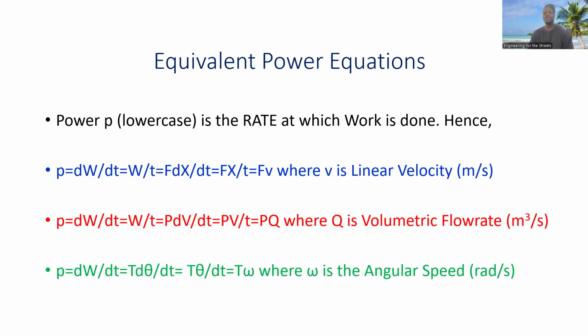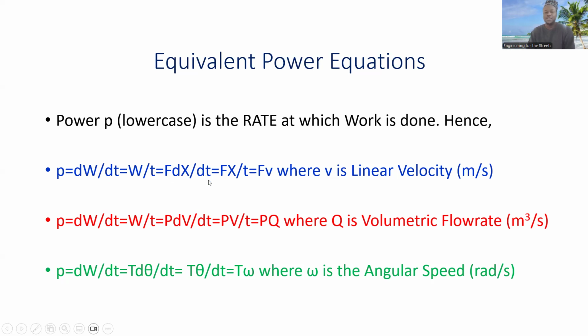So how do we get power from work? Well, we have already given the definition. That is the rate at which work is done. So power is equal to dW over dt, that is, change in work over change in time. So if you are going from point zero, it becomes work divided by time. And so if we substitute work as F dx, if work is Fx, dW is F dx, so we have F dx over dt.